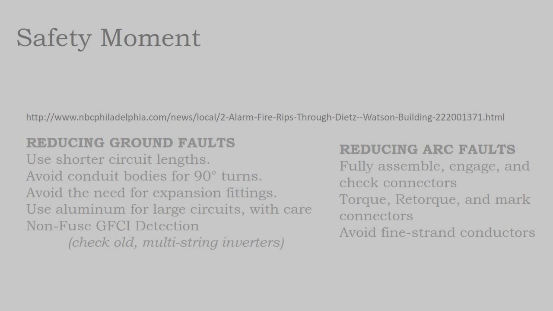Expansion fittings that don't work can cause a problem. If you keep your array subsection small enough such that thermal expansion is no longer a concern, then you get less of a need for expansion fittings.